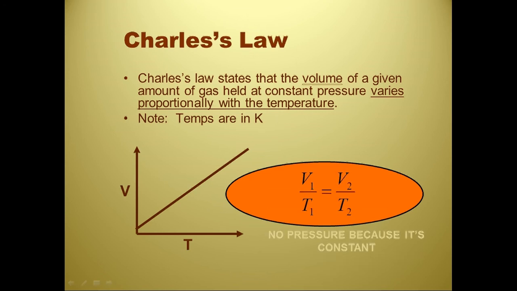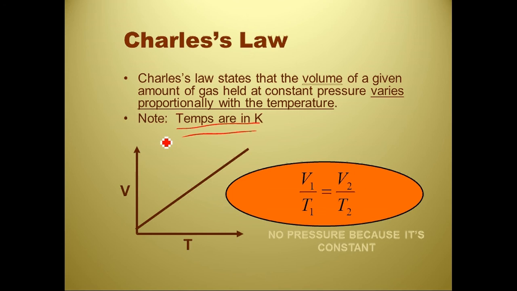The big important note is right here. Temperatures have to be in Kelvin. If you use Celsius or Fahrenheit, you are going to get negative volumes. The possibility of getting a negative volume exists, and that doesn't make much sense.